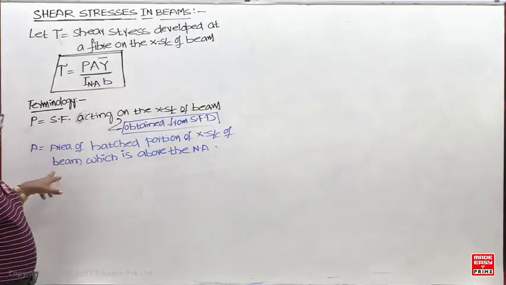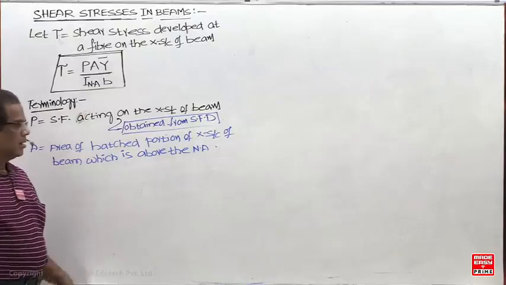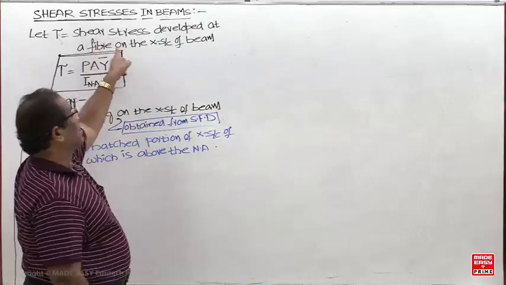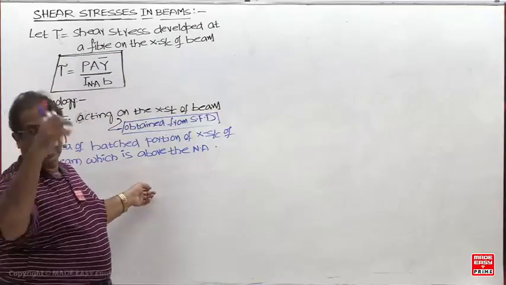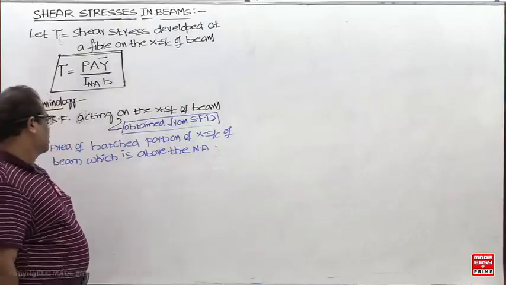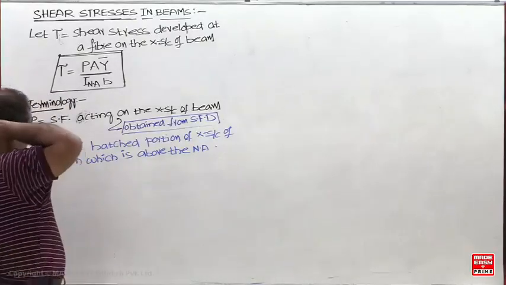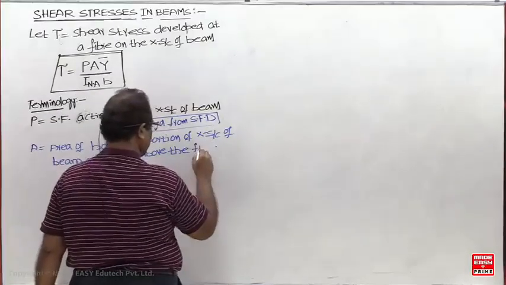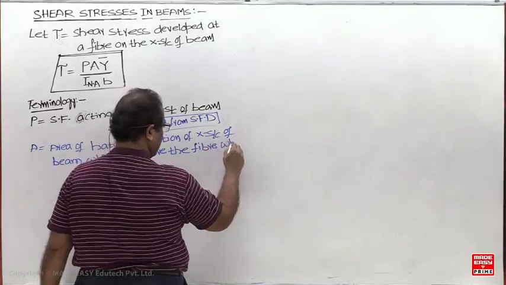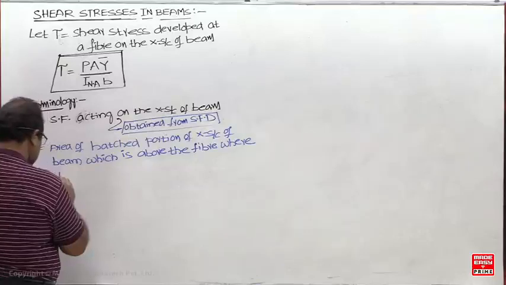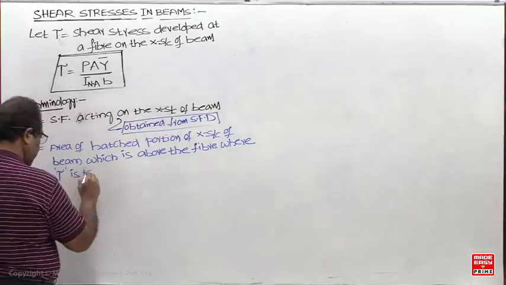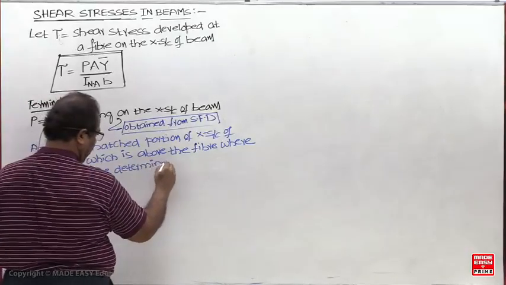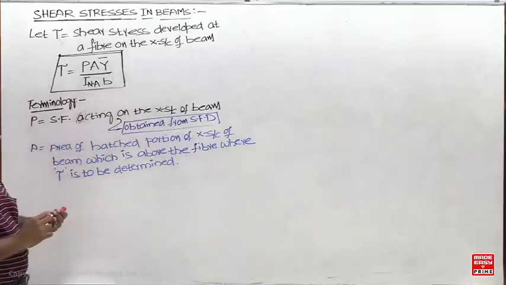But shall I take it above or below? If the fiber is above the neutral axis, then I have to take the area above. Sorry, this is above the fiber, not the neutral axis, above the fiber where shear stress is to be determined.